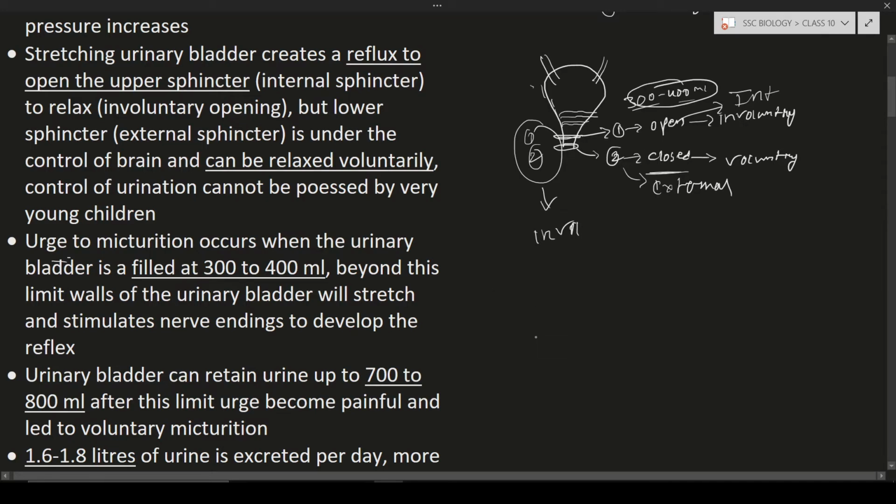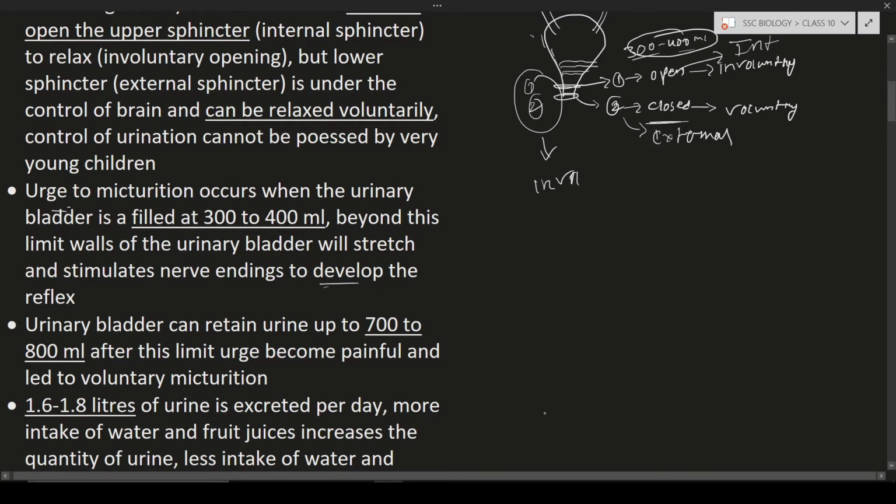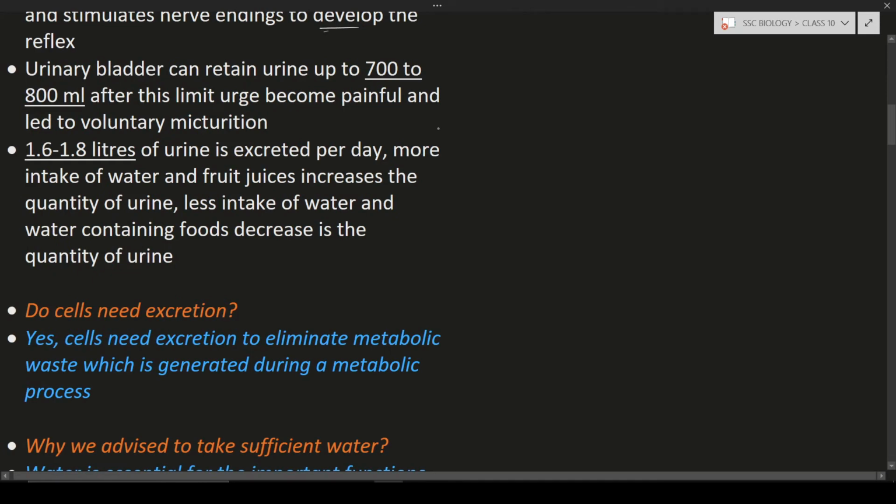Beyond this, the nerve endings develop a reflex. The urinary bladder can retain up to 700 to 800 ml. This is the maximum limit, and beyond it, it will be painful.